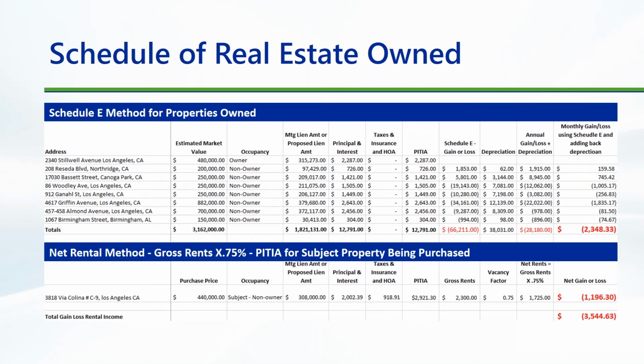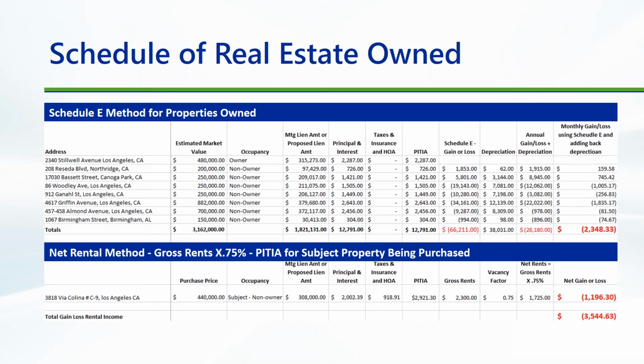So here's the schedule of REO. The top portion of that schedule shows you the 8 or 9 properties that the borrower owned. Over towards the right-hand side, there's a column defined as Schedule E, gain or loss. It provides the total at the bottom of $66,211 loss.